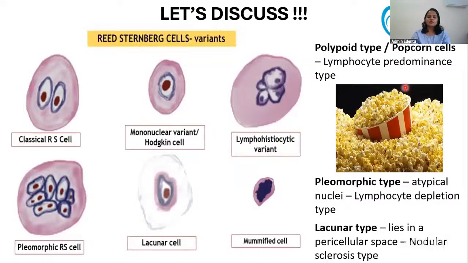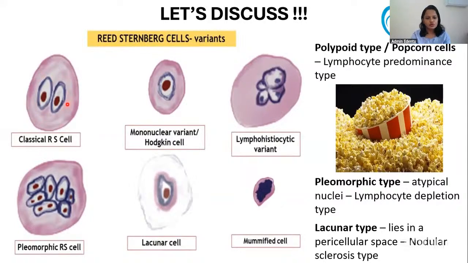Now, these Reed-Sternberg cells, based upon their presence in various diseases, whether the lymphocyte predominant type, lymphocyte depletion type, or nodular sclerosis type, show different forms. This is the owl eye appearance, the classical Reed-Sternberg cell.